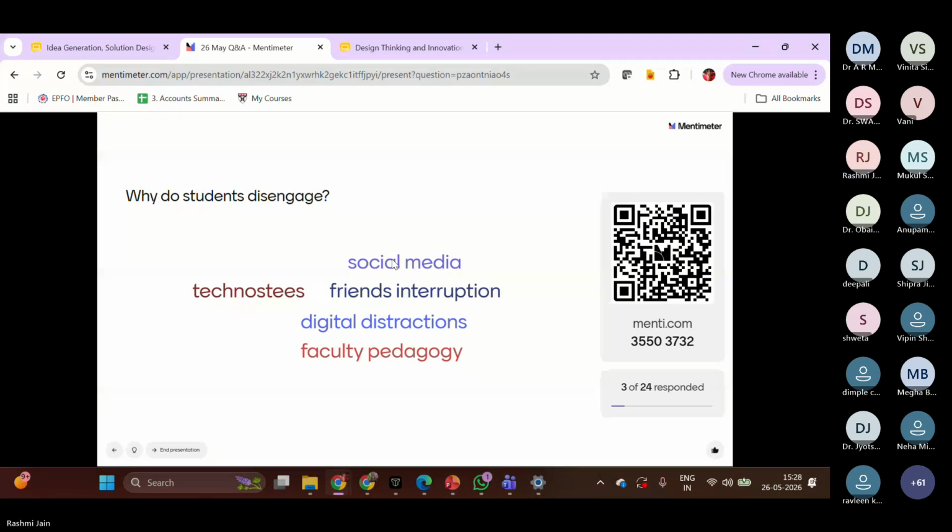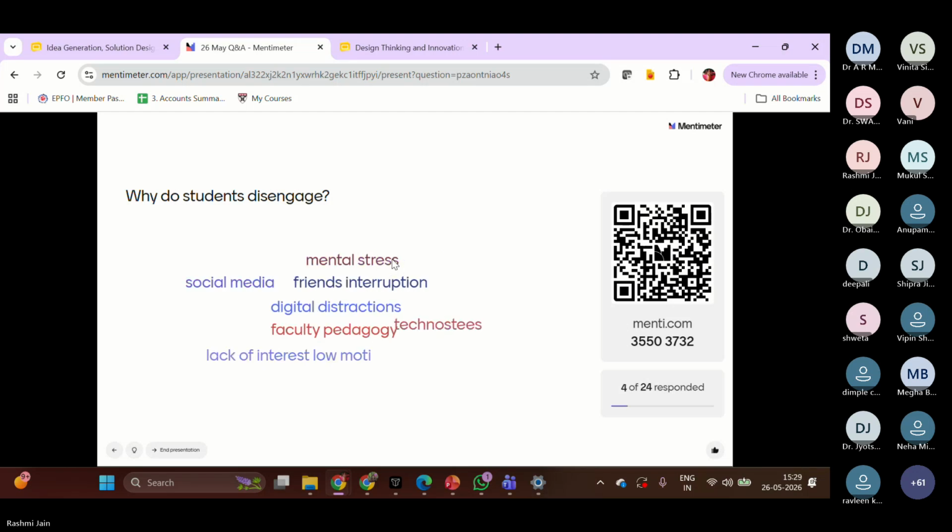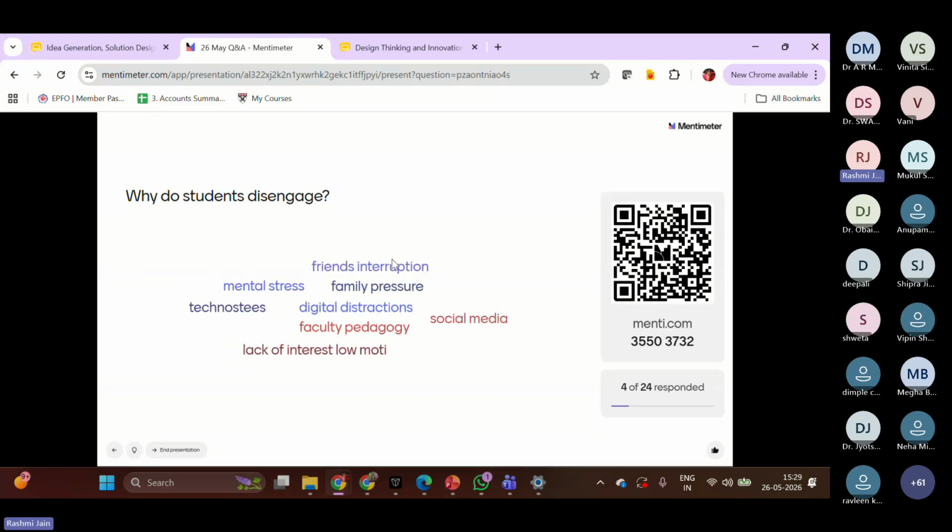Lack of interest, low motivation, mental stress, that's a good point. Family pressure.